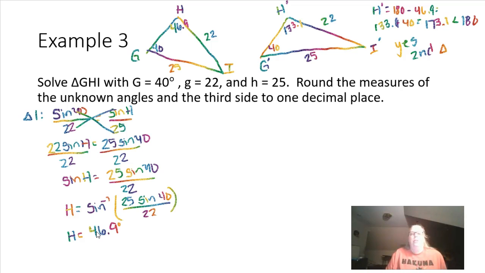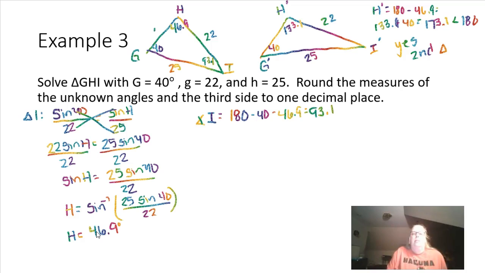All right, we should find angle I next. Angle I is going to be 180 minus 40 minus 46.9. That gives me 93.1. This angle right here.